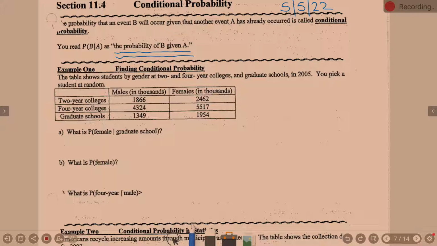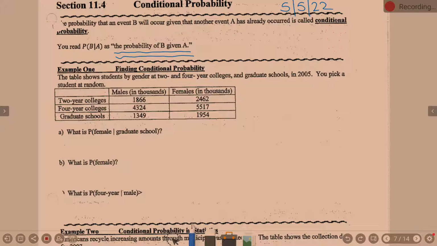The table shows students by gender at 2- and 4-year colleges and graduate schools in 2005. You pick a student at random. They've got lots of data in the table, and they're going to give you this data in a table type situation. Notice it's broken into males and females. Officially, it says in thousands.